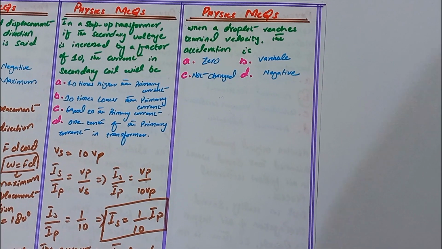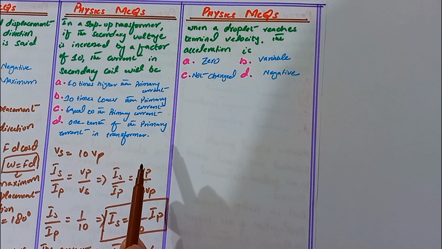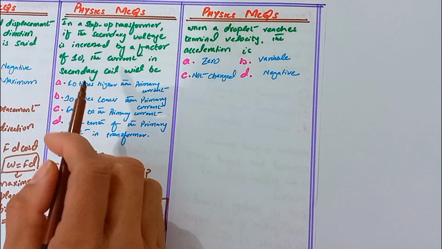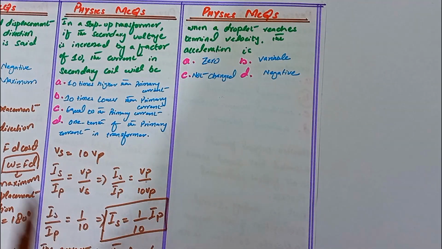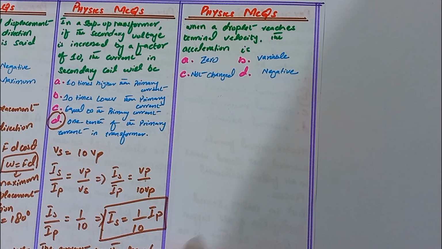So the correct option is the one equal to 1/10 of the primary current in the transformer. The current in the secondary coil will be 1/10 of the primary current in the transformer.